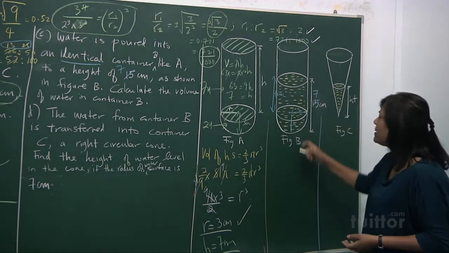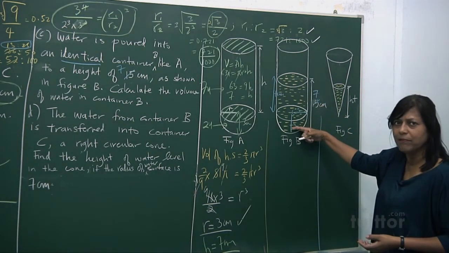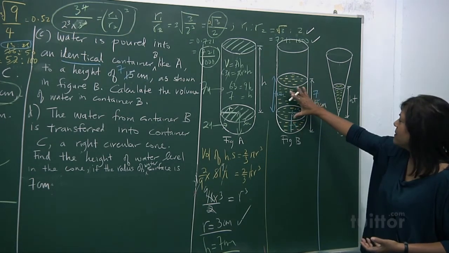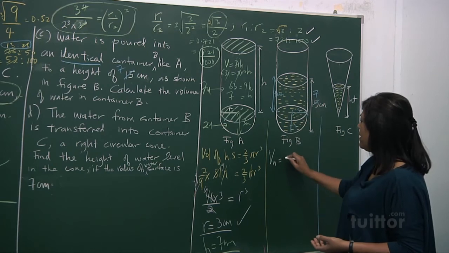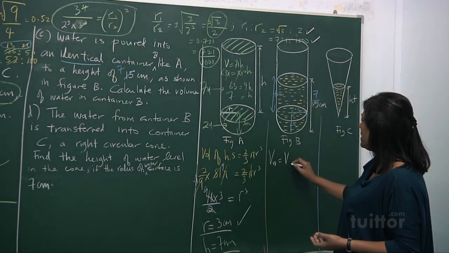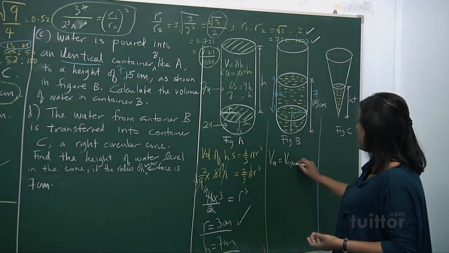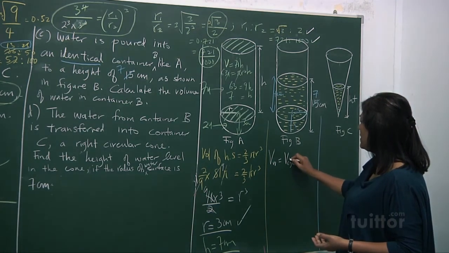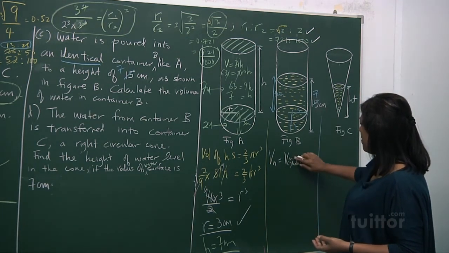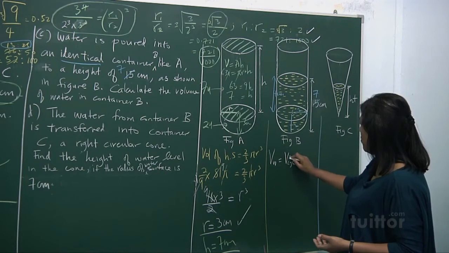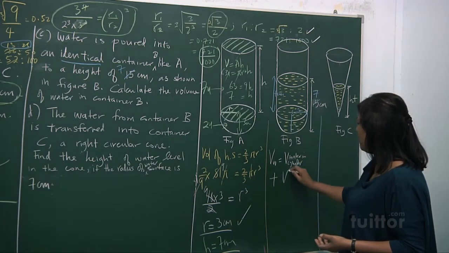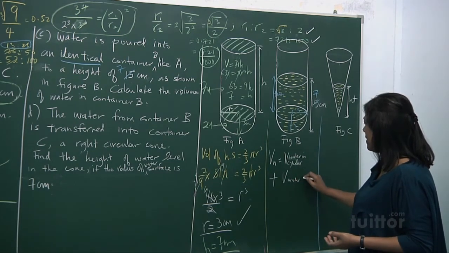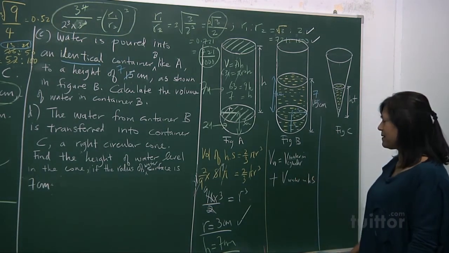The volume of the water is made of two shapes here. It's a cylinder and it's a hemisphere. So you want to find the volume of the water in the cylinder, plus the volume of water in the hemisphere, HS.